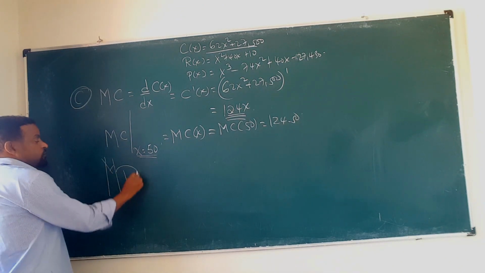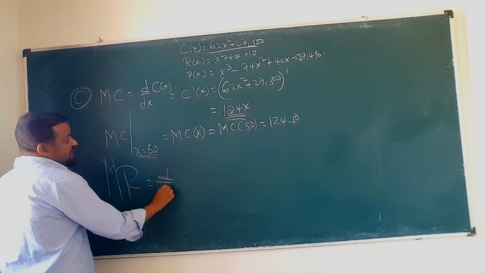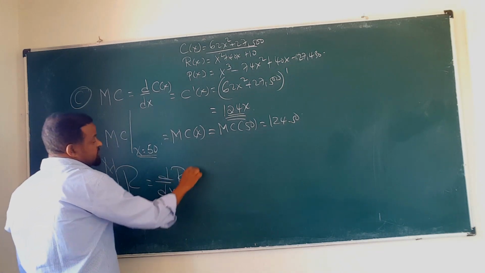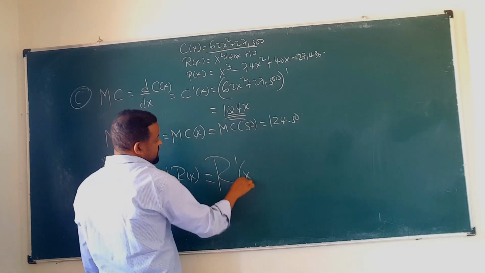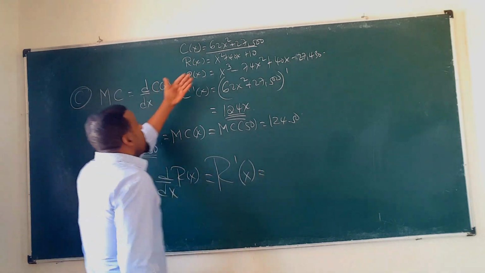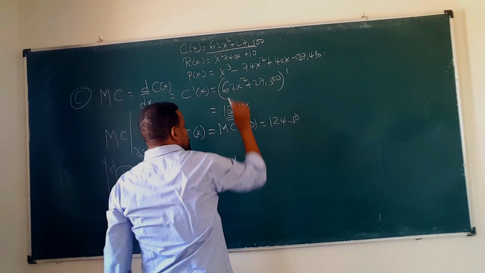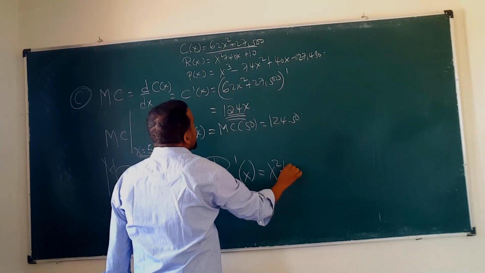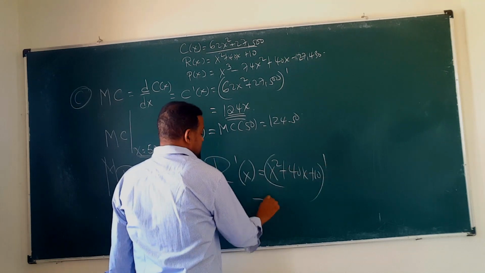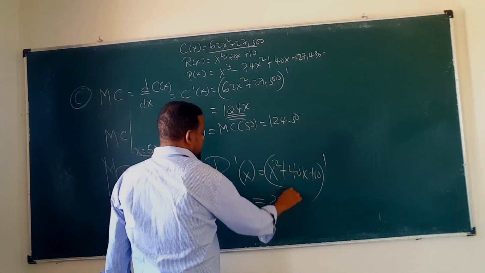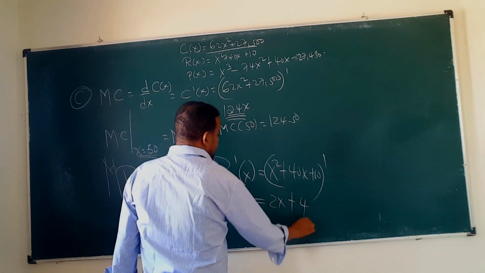What about the marginal revenue? Marginal revenue is given by d by dx of the revenue function, the derivative of R of x. Our revenue function is x cubed minus 12x squared plus 14x plus 10, so take the derivative. The derivative of x squared is 2x, plus the derivative of 14x is 14.